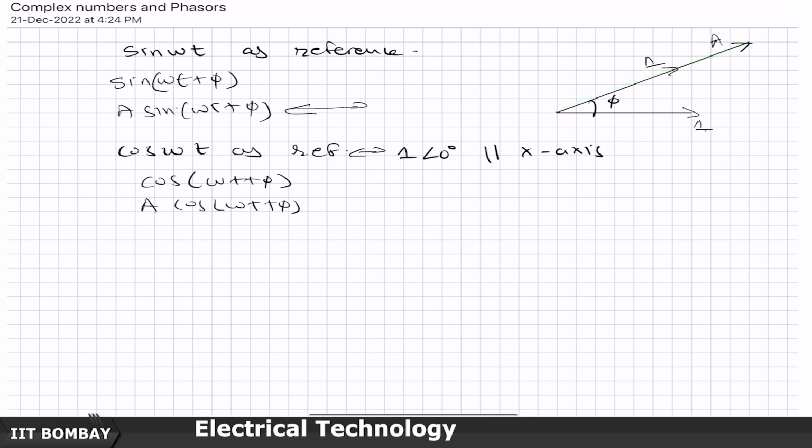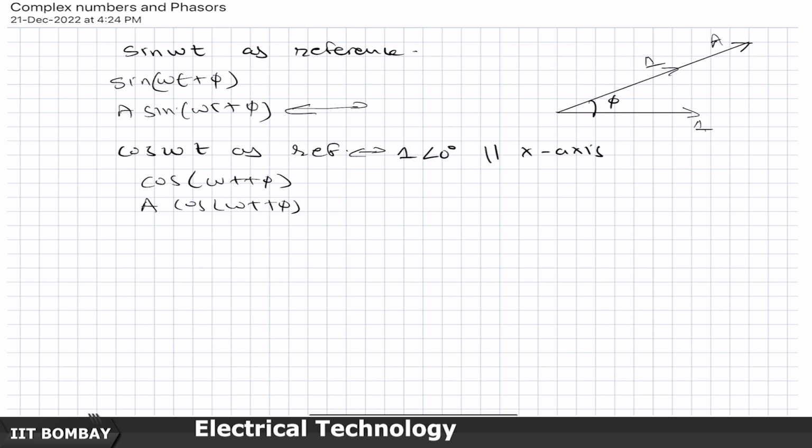So this representation of sinusoids at a fixed frequency is not dependent upon whether you take sine omega t or cos omega t as a reference. But once you take either one as a reference, throughout your session, throughout your problem, throughout your theory, whatever you are developing, you should stick to that as reference.